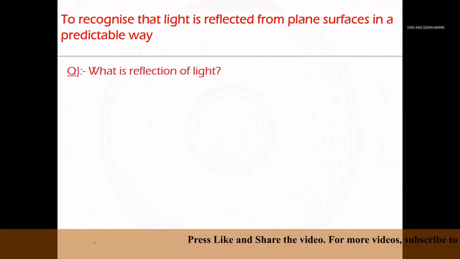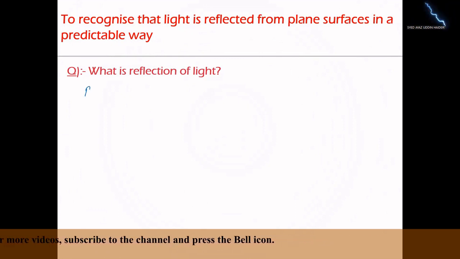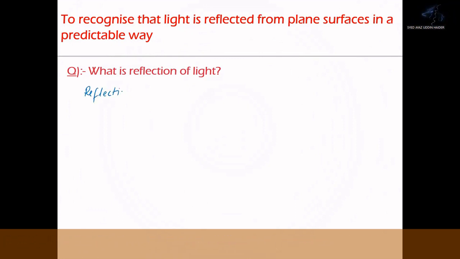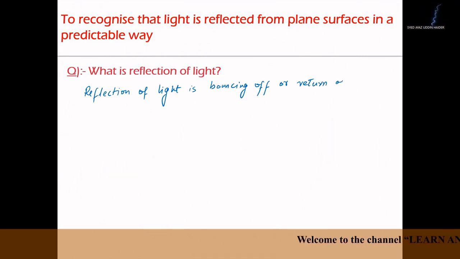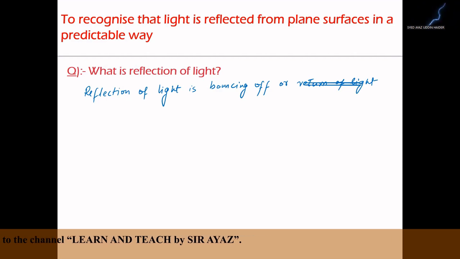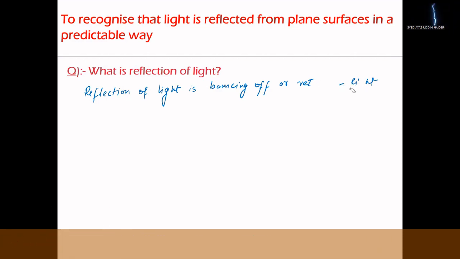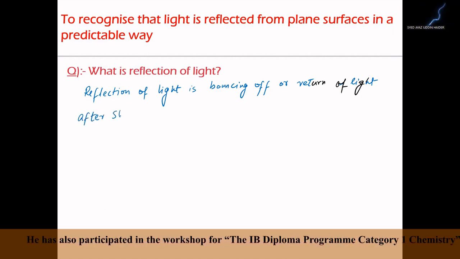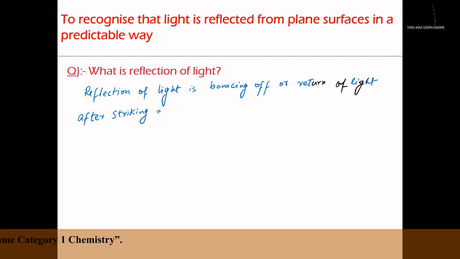Reflection of light is bouncing off or return of light after striking a surface.